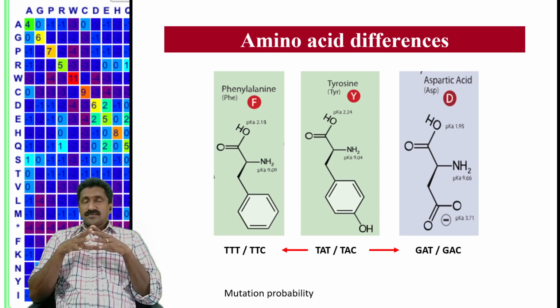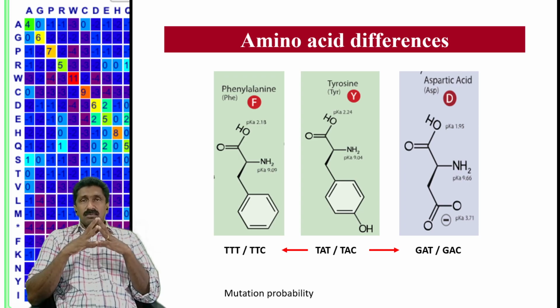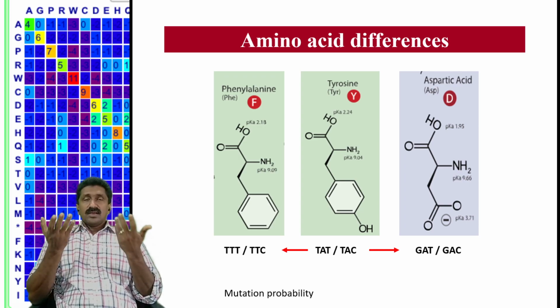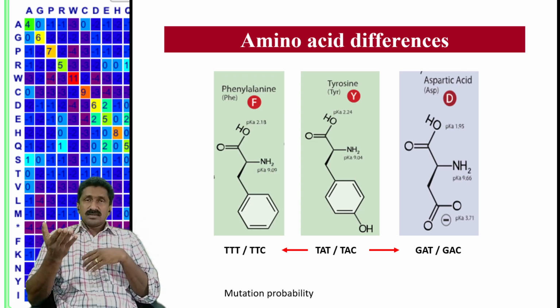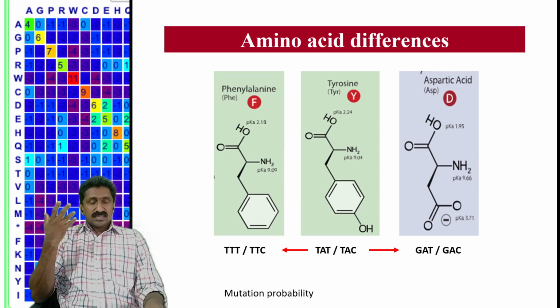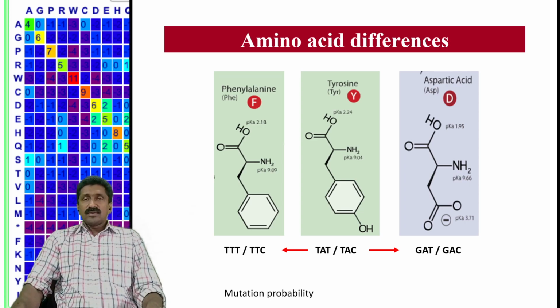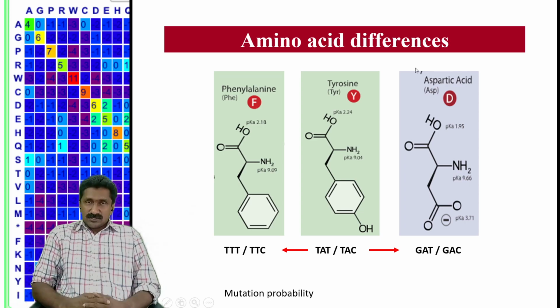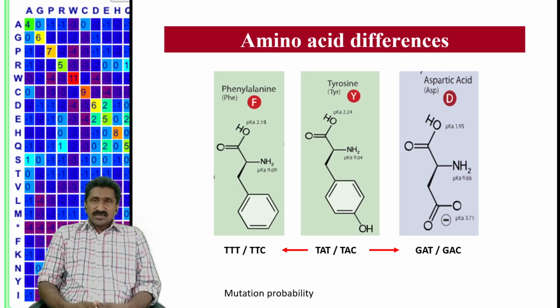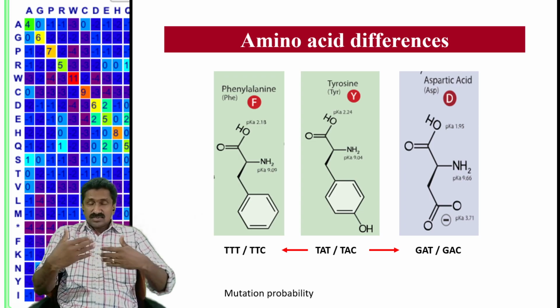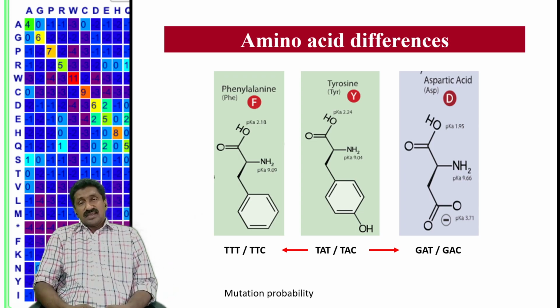In most of the cases, a slight change or a single letter modification will not affect any phenotypic change, or the same protein will be coded because it's a silent mutation, and that same amino acid will be coded, and there is no evolutionary significance for that particular mutation. So if you are considering some evolutionary distance based on such mutations in the sequence, then you need to take into account the probability of the mutation, because all mutations are not equal.